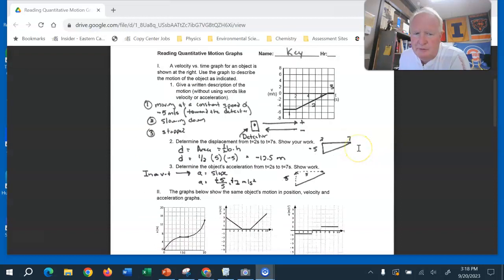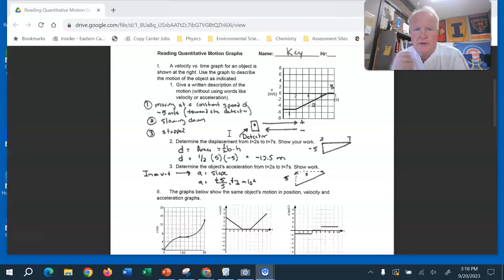The second problem says determine the displacement from 2 to 7. So from 2 to 7, there's 2 right here, and then 7 is all the way over here. We have this triangle. And so when they say determine the displacement, remember that we said that the slope of a position versus time graph means velocity, and the slope of a velocity versus time graph means acceleration.